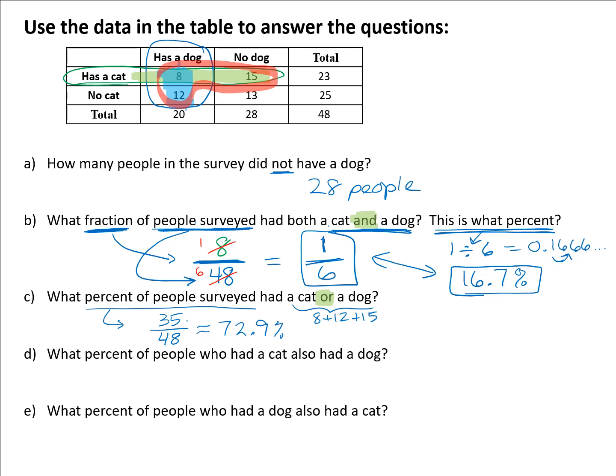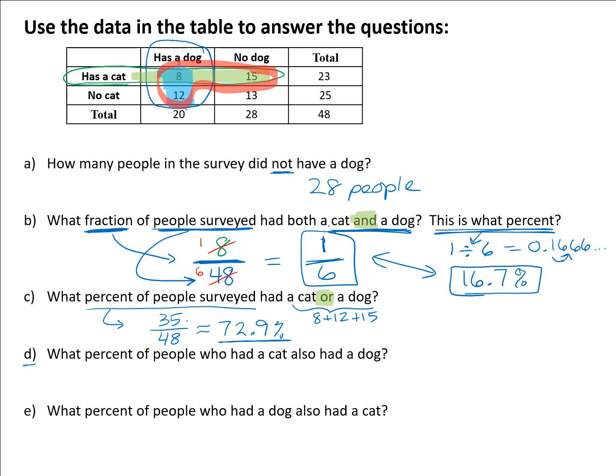So 35 over 48 means 35 divided by 48, and then move the decimal point 2 places, or if you prefer, multiply by 100 and round: 72.9% of the people who were surveyed had either a cat or a dog. All right, let's move on.